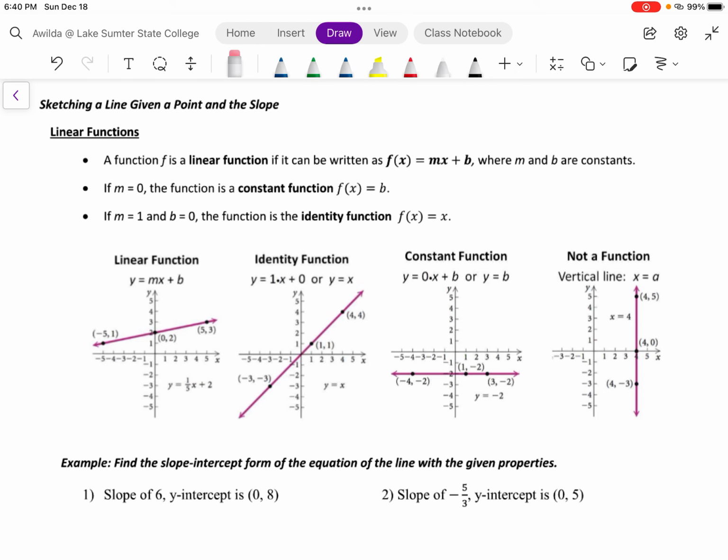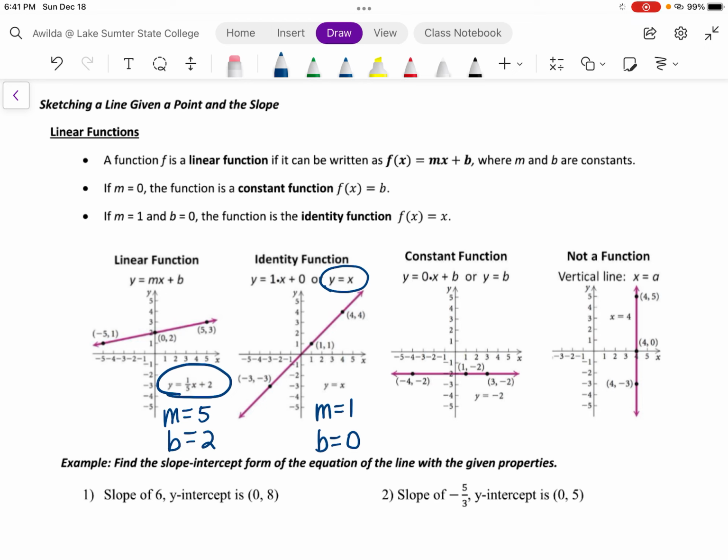And you'll see here in the equation below that that is what we have. So we have the slope is 1/5 and the y-intercept is 2. In the identity function, we have y is equal to x. That's the equation. So note that the slope is equal to 1 and the y-intercept is equal to 0. That's why it passes through the origin.